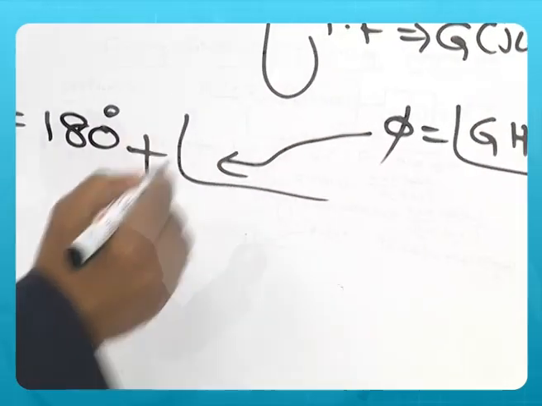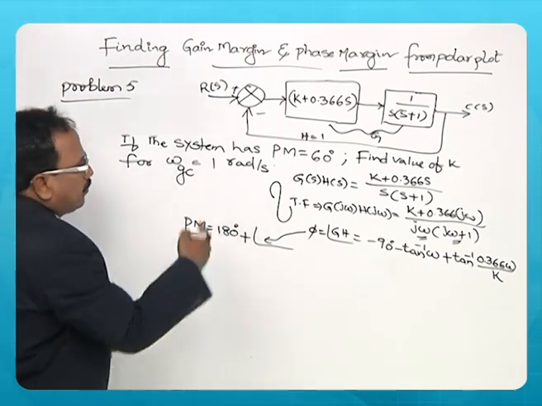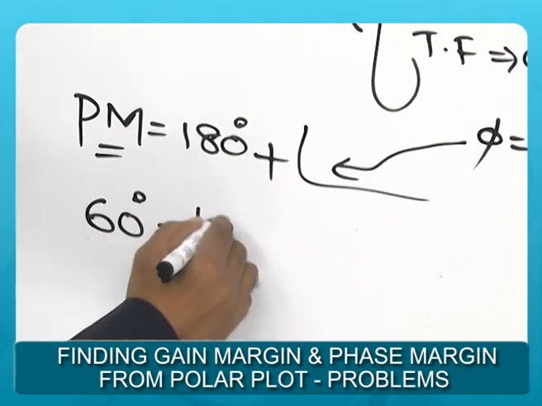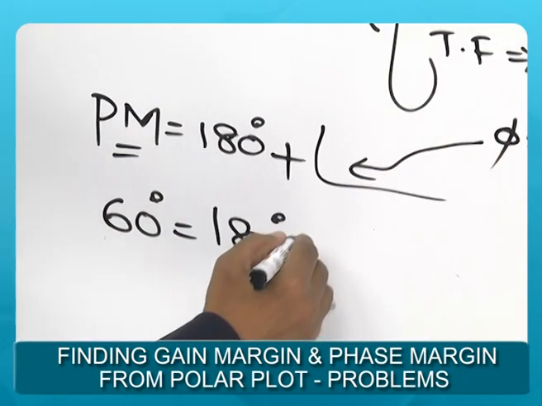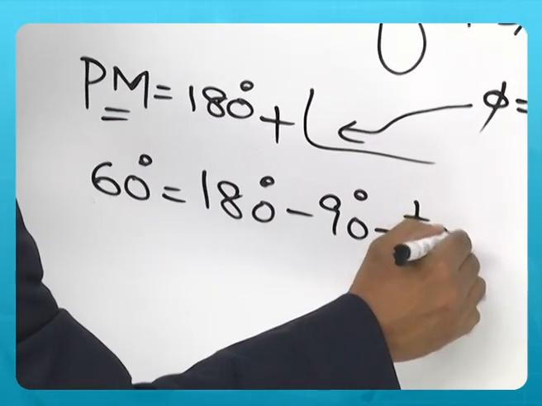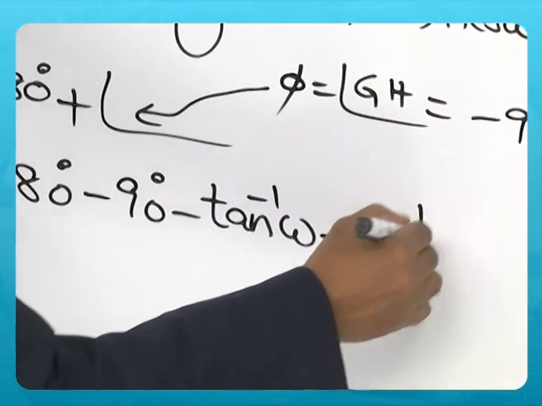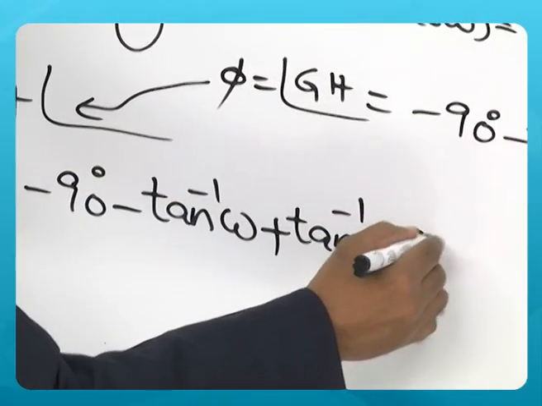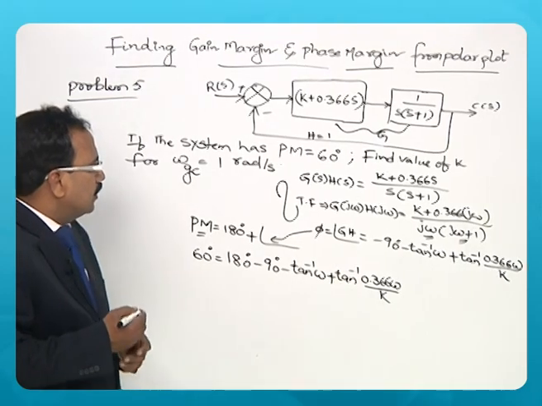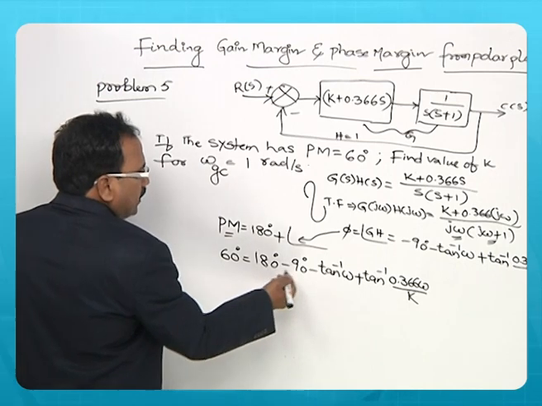So I should substitute this term here, and the phase margin is also mentioned in the problem, 60 degrees, and it is equal to 180 minus 90 minus tan inverse omega plus tan inverse 0.366 omega by K. Now you should simplify this. 180 minus 90 is 90.